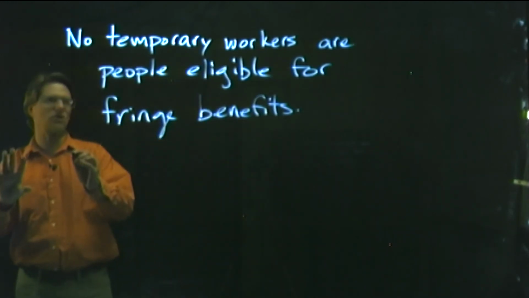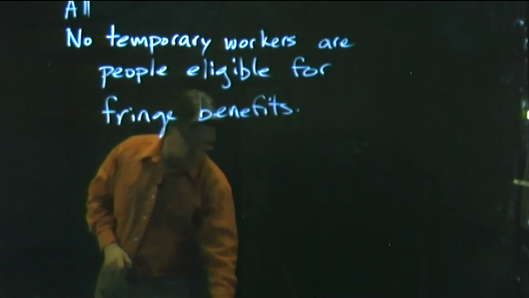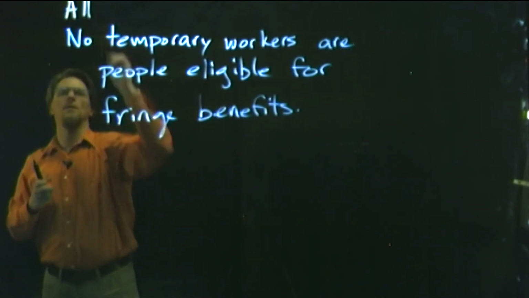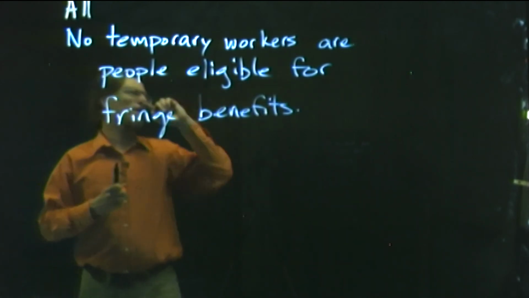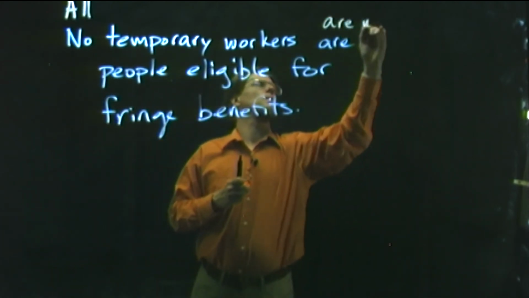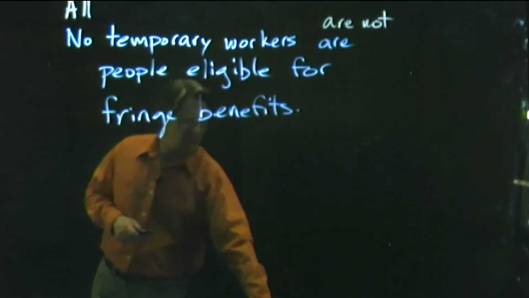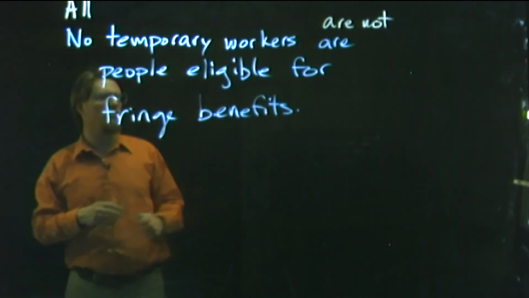There is a temptation on this one to write all, maybe I'll do a different color. All temporary workers are people, well, are not, right? This is one of the ones where you could be tempted to write all are not. All temporary workers are not people eligible for fringe benefits.